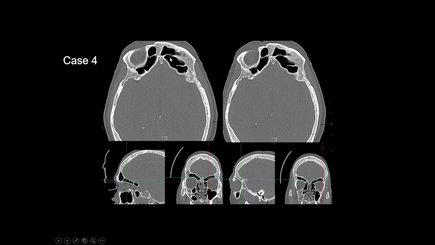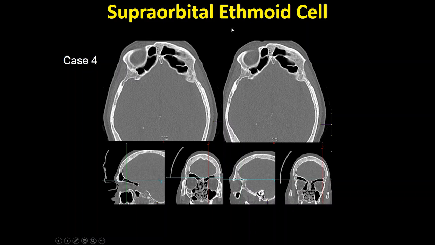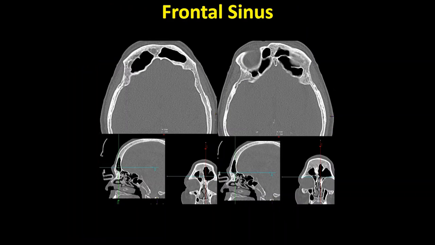It tells you that you're looking at a supraorbital ethmoid air cell, which lies posterior to the anterior ethmoid air cell.